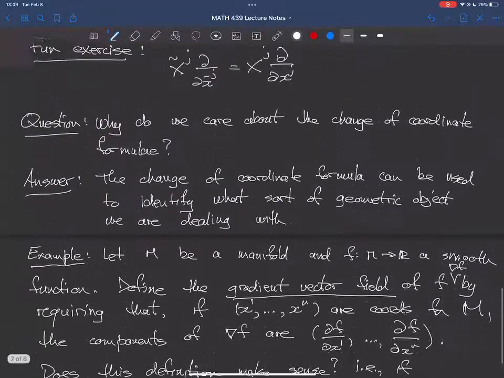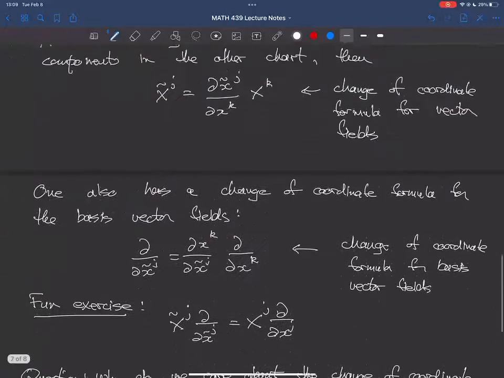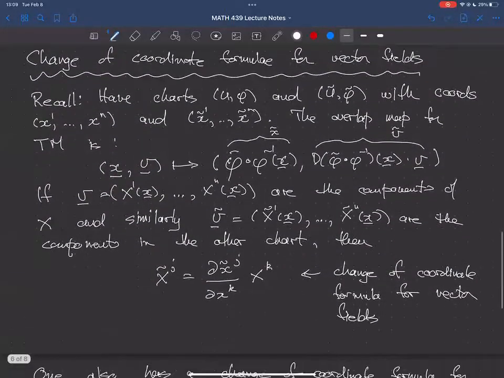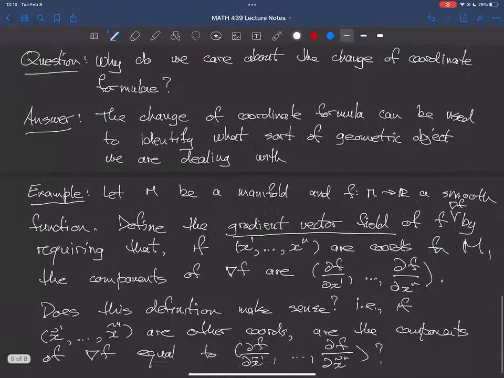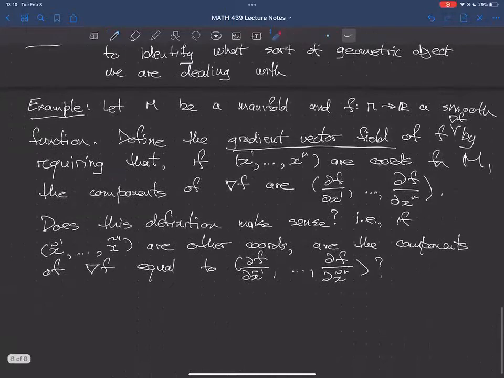And moreover, the change of basis formula gives me a way to answer this question, because it tells me that if I have a vector field and two different sets of coordinates, the components of the vector field must be related by that formula. So the question amounts to: is it true that the components of this vector field, which are the df by dx's, are related in the proper way to the df by dx tildes?